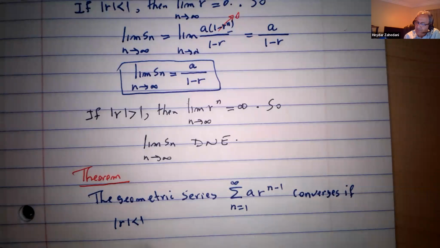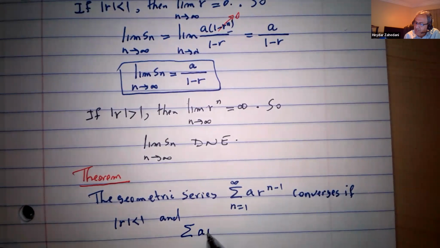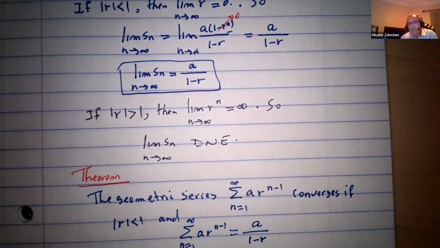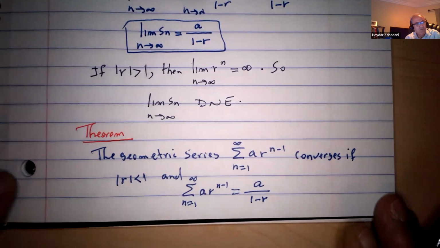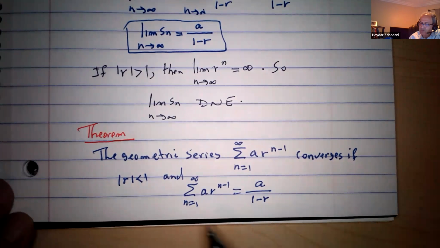In this case, the sum of the series, sigma a r to the n minus 1, n from 1 to infinity, is in fact a over 1 minus r. You see, not only do you get a convergent series, but you also have a formula for the sum. Otherwise, the series diverges.